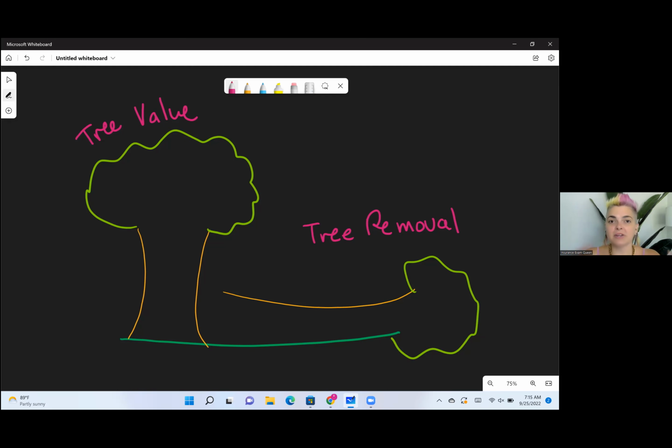All right, now there are two different things that we need to remember about trees. There is tree value, and what this means is the replacing of the trees. So this is about replacement. If your tree is struck by lightning, wind, hail, whatever is a covered peril, and the tree is destroyed, your homeowner's policy comes with a tree value of $500 per tree on most policies, but we're going to talk about that explicitly.